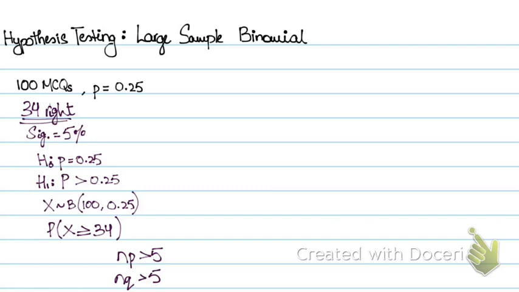So this will become X follows a normal distribution. The mu, that is np, will be 100 times 0.25, which is 25, and variance is going to be 18.75.